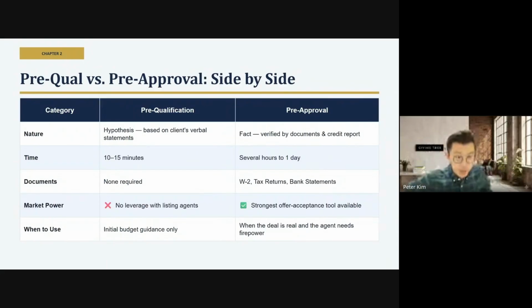Pre-approval can take hours. Sometimes it takes a full day because it requires you to review the full documentation, and you can now calculate maximum offer leverage, maximum sales price, maximum loan amount, and the difference between winning and losing in multiple offer situations. So at Giving Tree, we do not introduce buyers and agents with a pre-qual and pretend that it's a pre-approval letter.